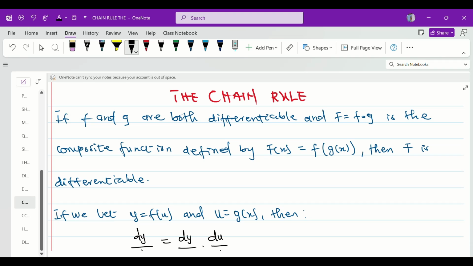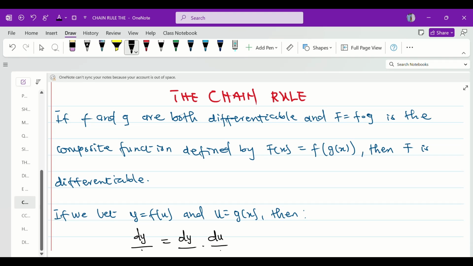If f and g are both differentiable and capital F, which is equal to f composition g, is the composite function defined by capital F of x equals f of g of x, then F is differentiable.